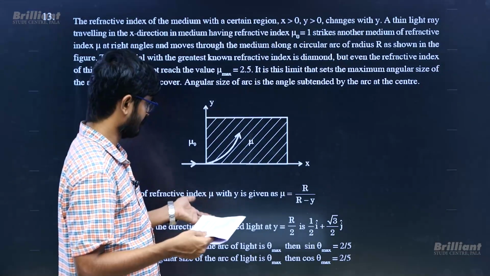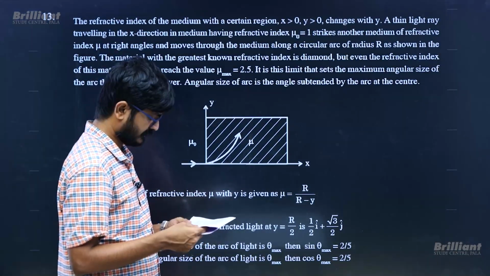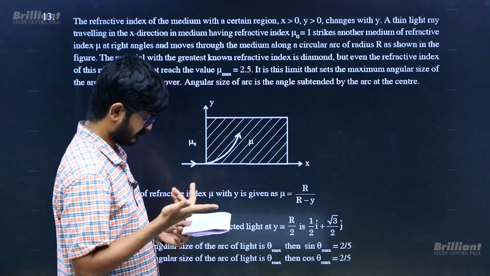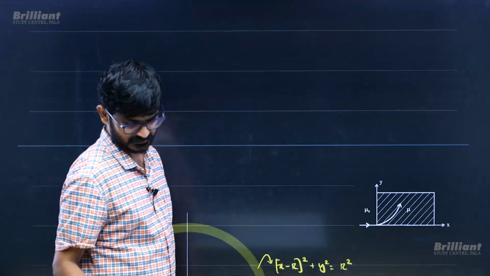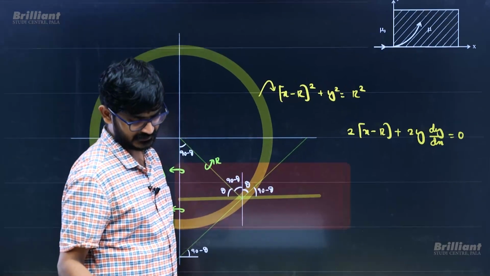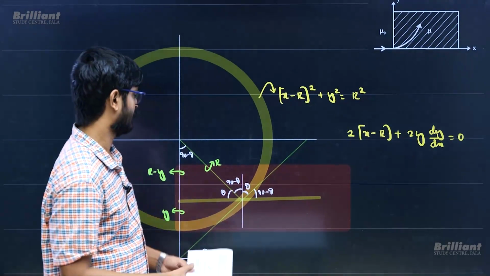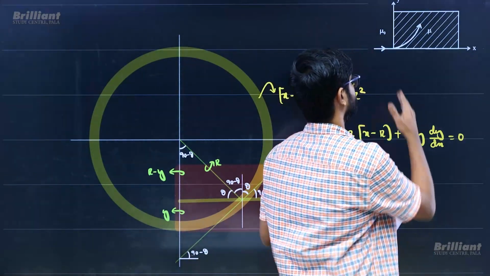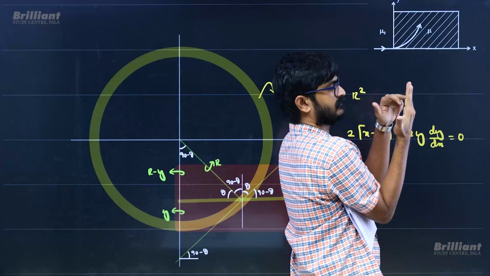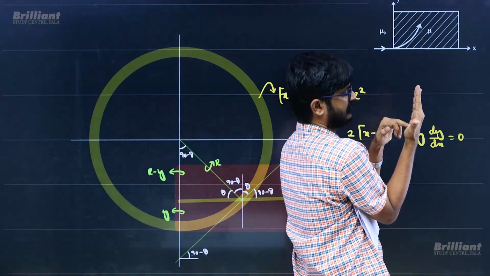They are asking how refractive index is varying as a function of y, and the unit vector of the tangent, and what is the maximum angular size of the arc. Basically this kind of question is there in your package, you might have already seen. Because of the variation in the refractive index, if you talk about the wavefront, some parts will have less speed, some will have more speed.